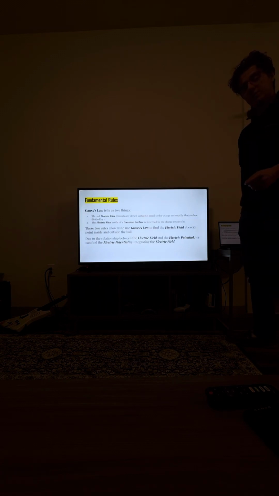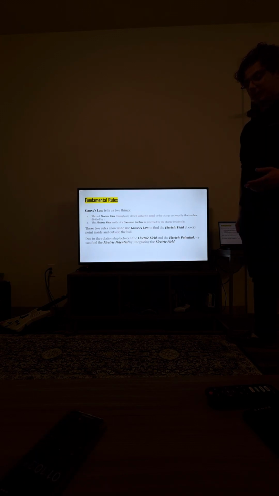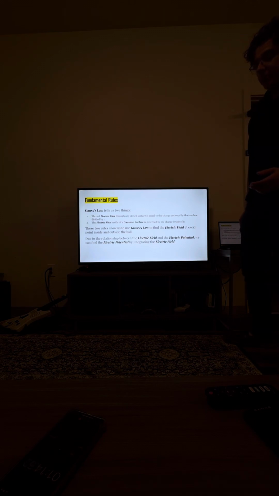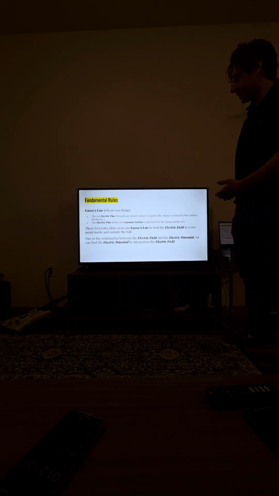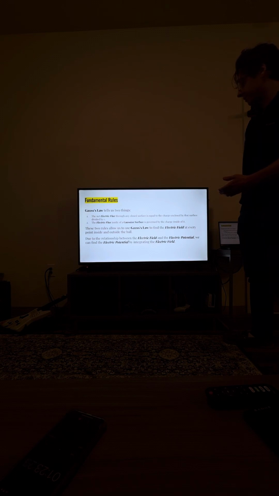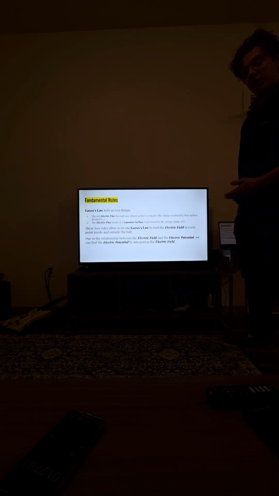Now the reason we can use Gauss's law is because we're working with a sphere. With a sphere, we know that the area vector is always going to be parallel to the field vector. So Gauss's law tells us two things. One, the net electric flux through any closed surface is equal to the charge enclosed by that surface divided by epsilon naught.